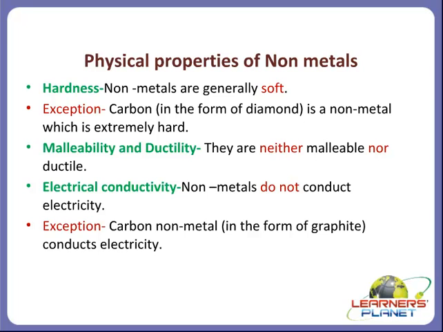What is present is just the intermolecular forces of attraction, or the van der Waals forces. Now here, children, what is the exception again? The exception is carbon in the form of diamond, a non-metal which is extremely hard. This is the only non-metal which is extremely hard.